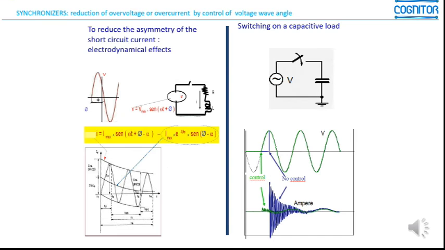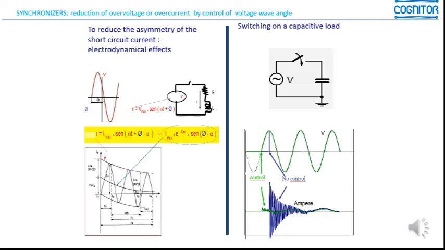Here in this example, you have two examples. On the left side, the closing of one circuit breaker over one circuit with inductance and resistance. Depending on the closing angle, phi, you have one very asymmetrical current in the very beginning, or you may have one almost symmetrical current.